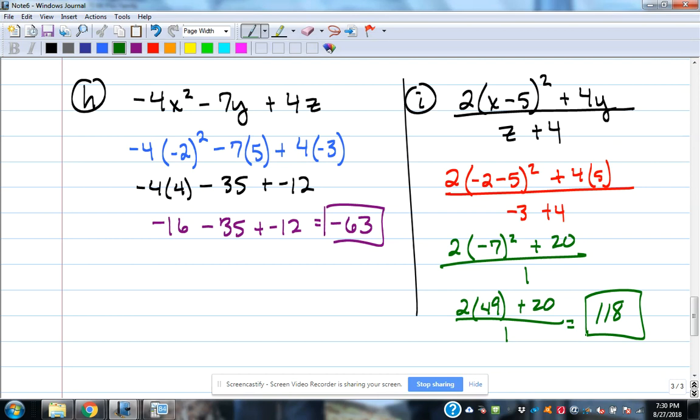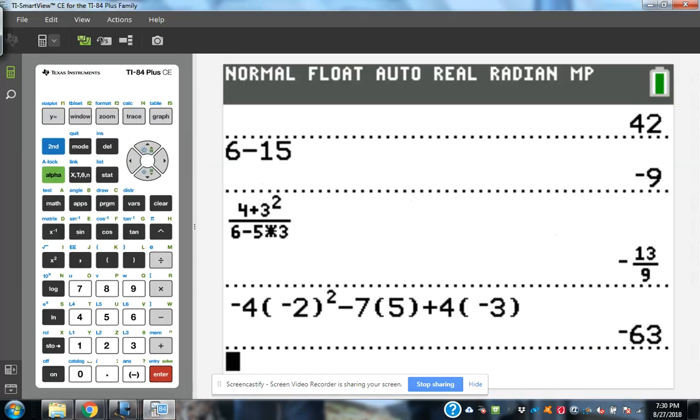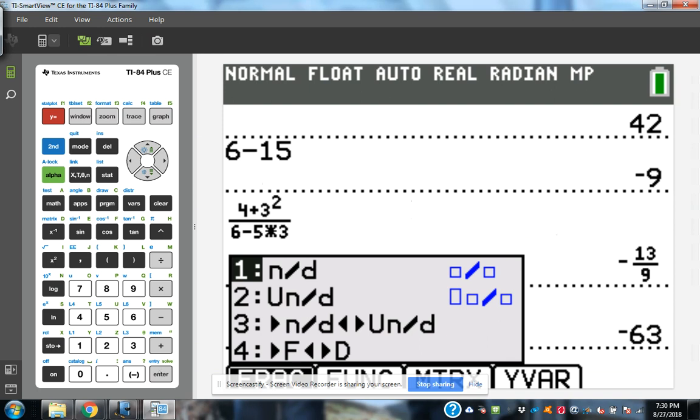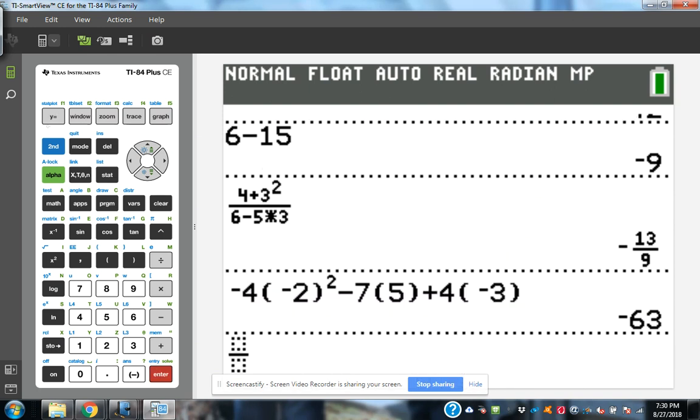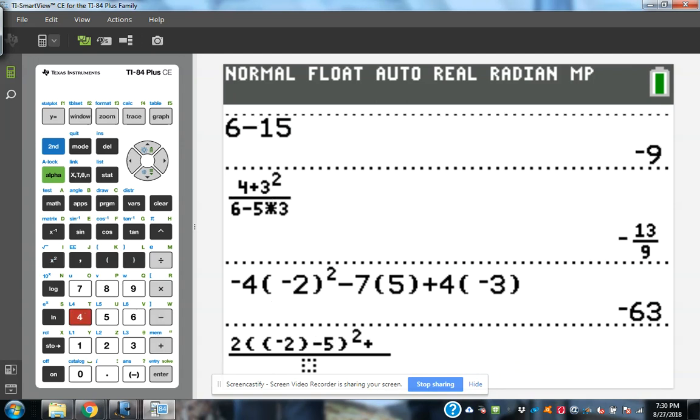And again, with the graphing calculator, with the 84, you can get that fraction thing by alpha and then the y equals button, and then just type it in just like you would: 2 parentheses and then parentheses -2 minus 5 close parentheses squared plus 4 parentheses 5.